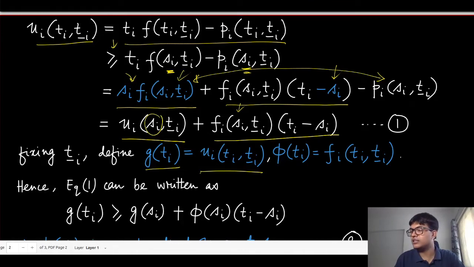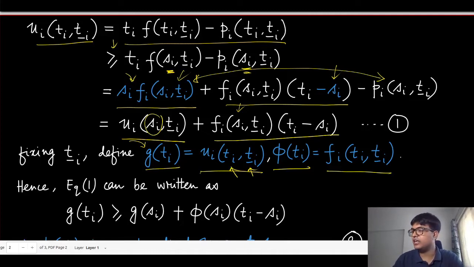So we look at the utility of player i when its type is ti, and define that as the function g(ti). And phi(ti), we are using the same notation because we want to show that this g function will be a convex function, and phi will be nothing but a subgradient of it. So fi(ti) is nothing but the allocation, the probability of getting that object for player i.